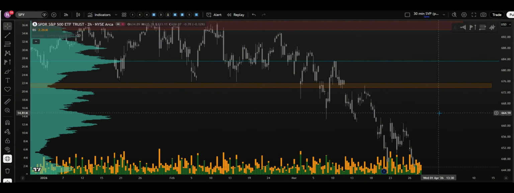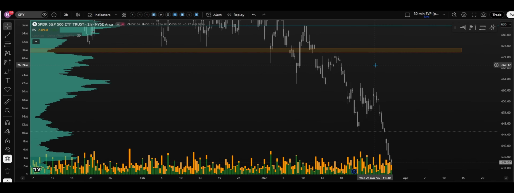So it does tend to happen quicker, but you always want to see this progression of this failure of the long-term point of control, price now discovering lower, struggles to get back into this high consolidation area up here, and then fails further. So on the bear market, you're looking for fails of those long-term points of control, discovery lower, and then rejection of price to get back into that higher area. And that's really pretty much it.